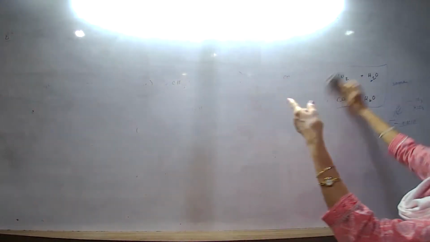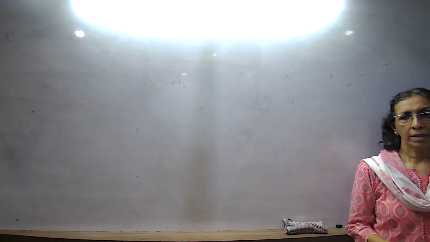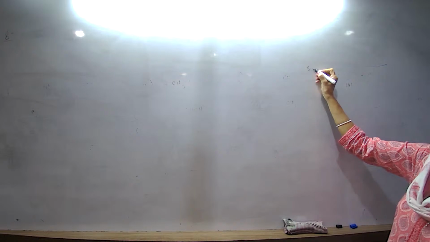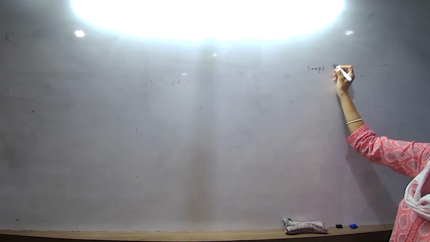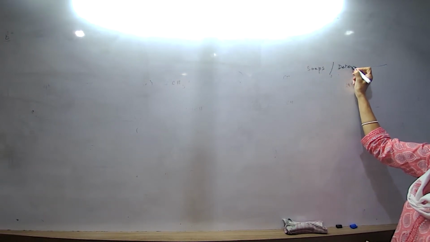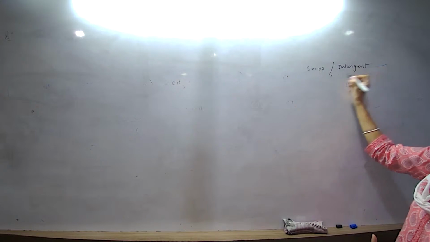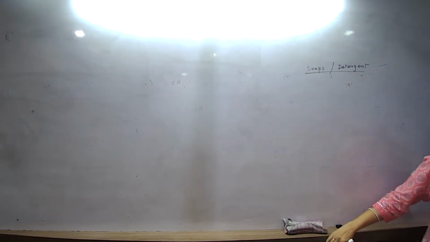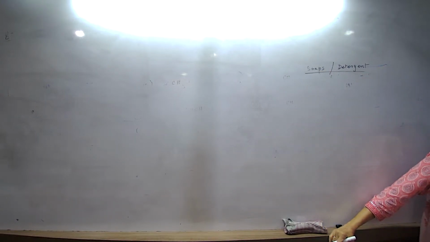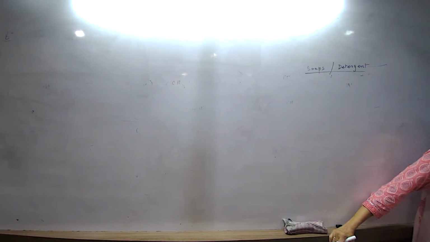Now that we have talked about soaps, you will also realize that for the manufacture of soaps as well as detergents, we are basically making use of organic chemistry, right?